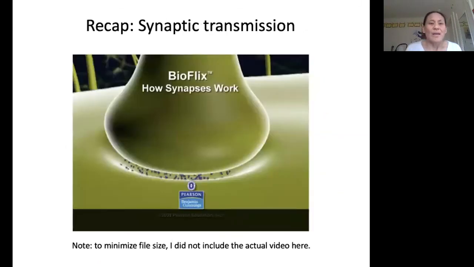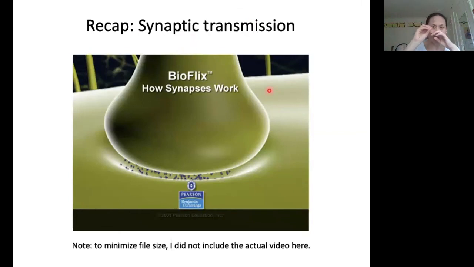Okay, finally, I just want to mention that we have this lovely video for you to watch about synapses and synaptic transmission. I encourage you to watch it. Very, very nice animations. One really nice thing about this animation is you can really see the way that postsynaptic potential spreads from the point at which it's generated.